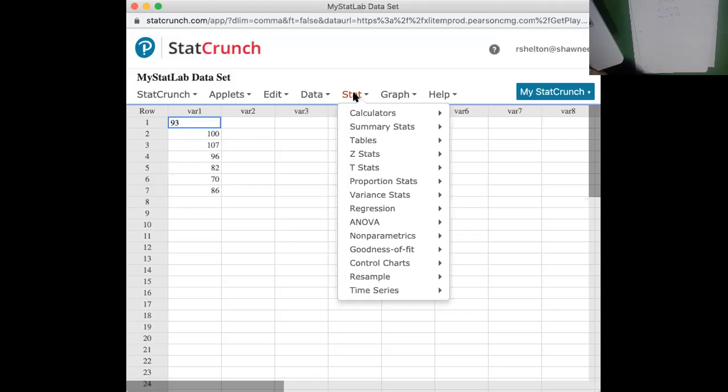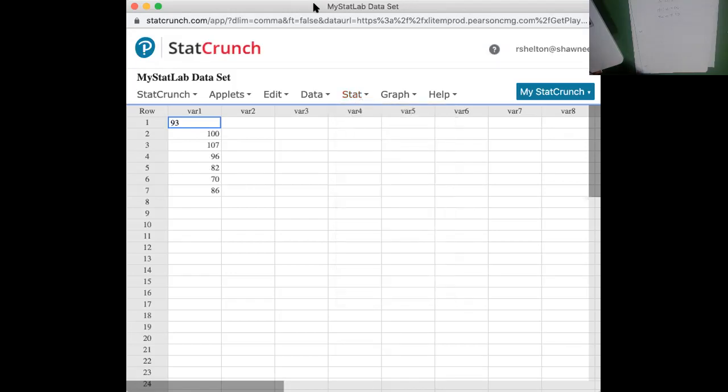And again, let's do the hypothesis test, because that gives us more information, unless it's specifically asking for a confidence interval. We get more information out of the hypothesis test than we do when we click confidence interval, depending on what you're looking for. But you get a p-value and the test statistic out of the hypothesis test, all right?